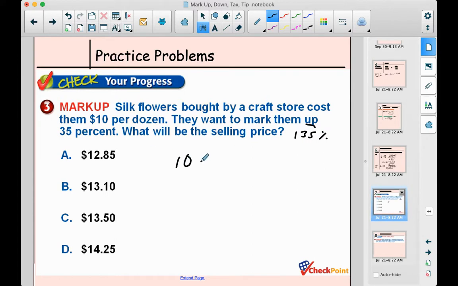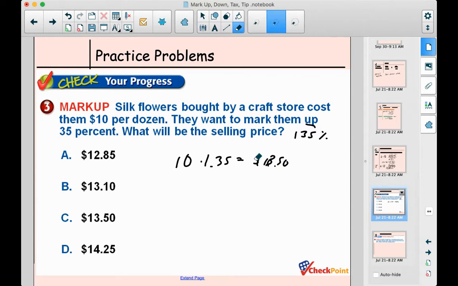So $10 times 135% as a decimal, which is 1.35, equals $13.50, which is option C.